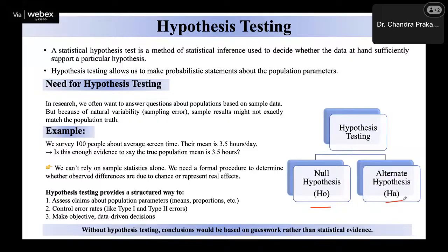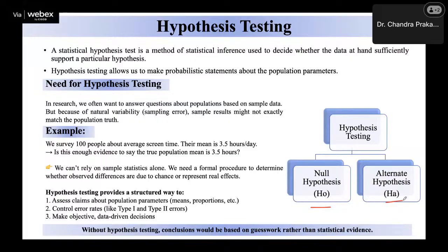So if I'm considering that the average height of my students in SVNIT is, let's say, 157 centimeters, it's not that I have reached each and every individual student and measured the height.